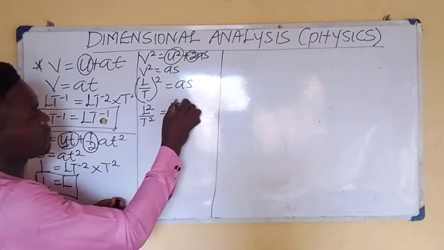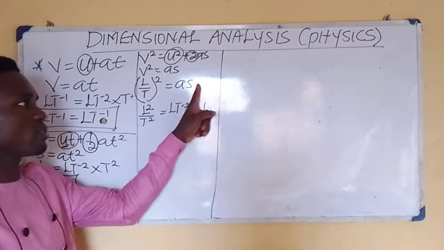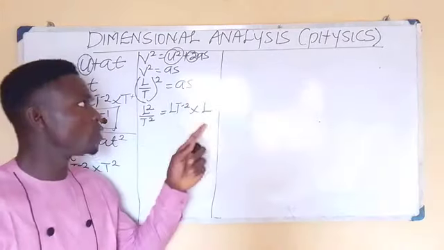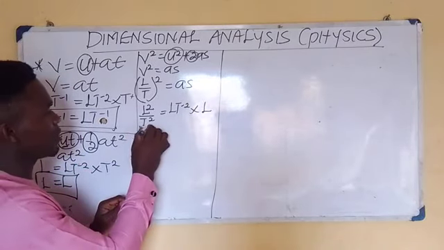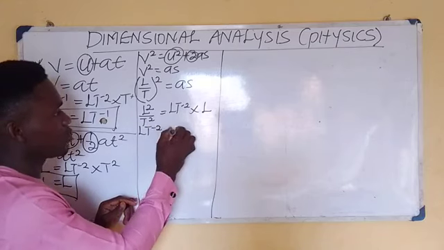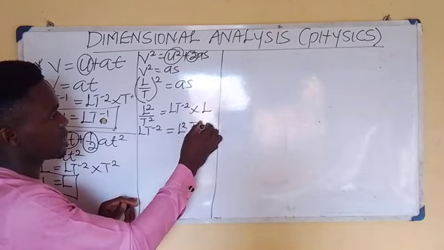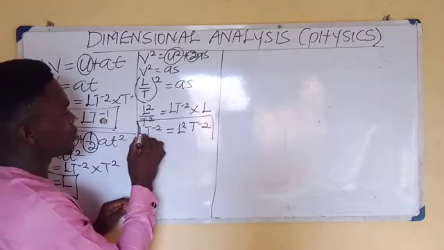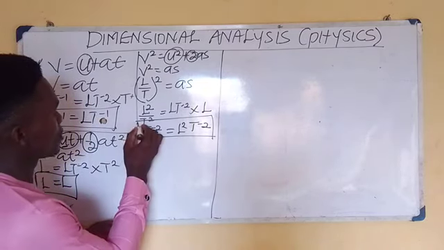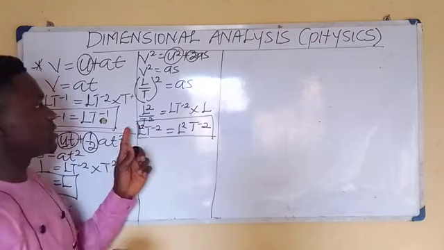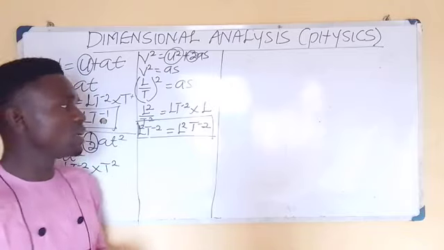Acceleration is LT minus 2, then distance L. Please, this S here does not stand for time, seconds. It is distance. So I'll now be having LT minus 2 times L, which is L squared T minus 2. So the third equation of motion is also dimensionally correct. Okay, sorry, there's a 2 here. So the 3 equations of motion are dimensionally correct.